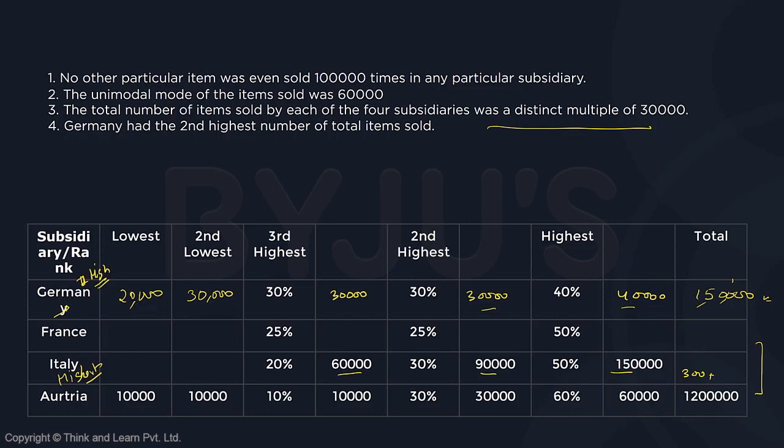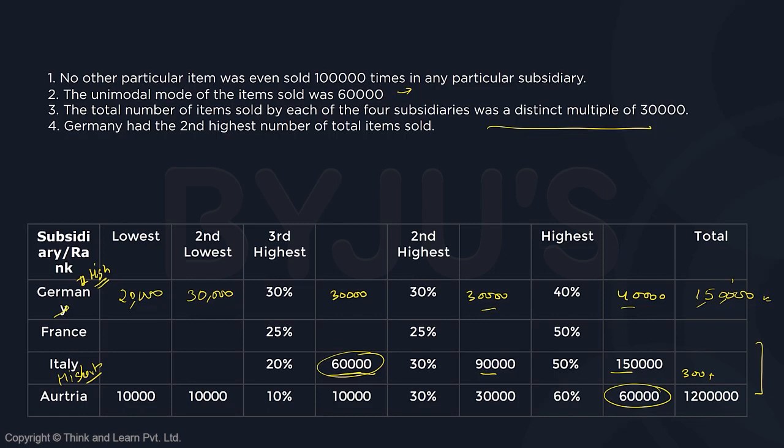For France, what are the values I can take? Consider the point that the mode should be 60,000. So far, how many 60,000 am I getting? This and this. Anything else? I think no, nothing else.